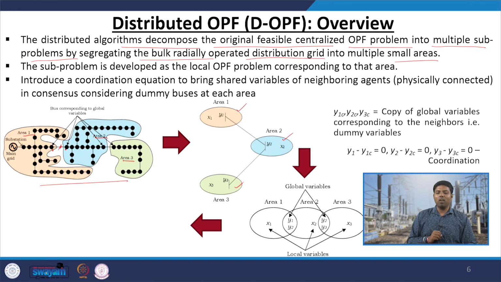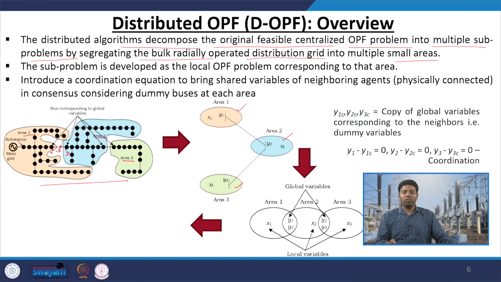So, you cannot decouple them physically at least, but how can you get rid of this connection? Let us say this is bus A and this is bus B. Bus A falls under area 1 and bus B falls under area 2. The voltage of bus B depends upon the voltage of bus A, and that will also decide how much power you will feed from bus A to B.